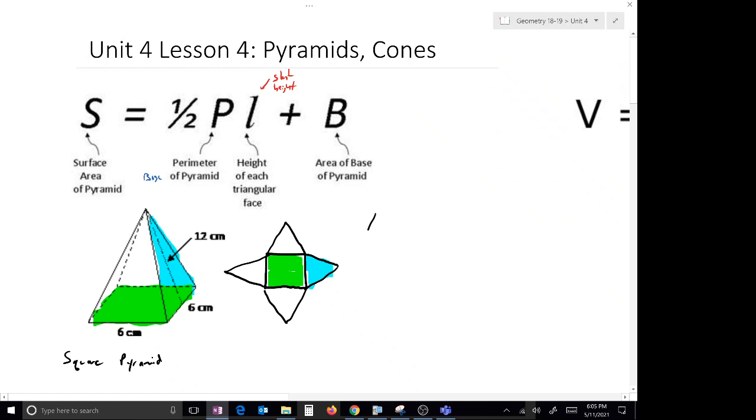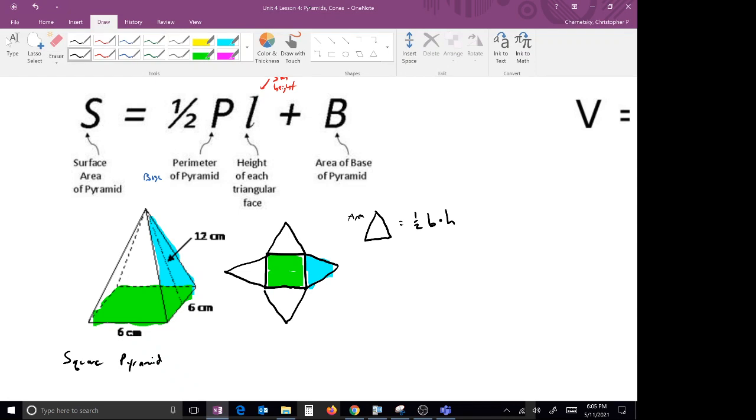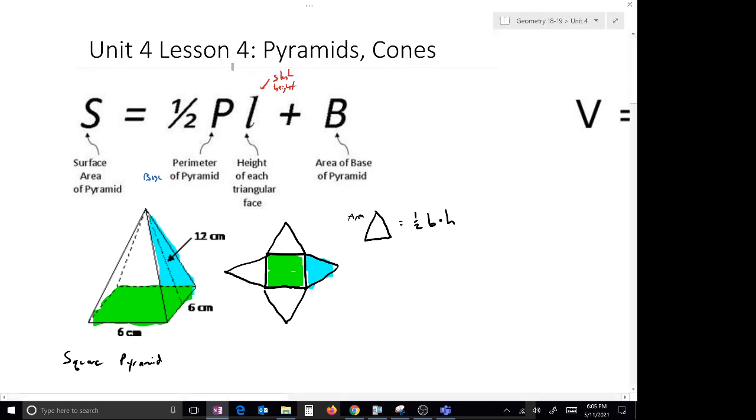If you think about the area of a triangle, it's 1/2 base times height, lowercase b. Well, the 1/2 part, that's where this 1/2 comes from.